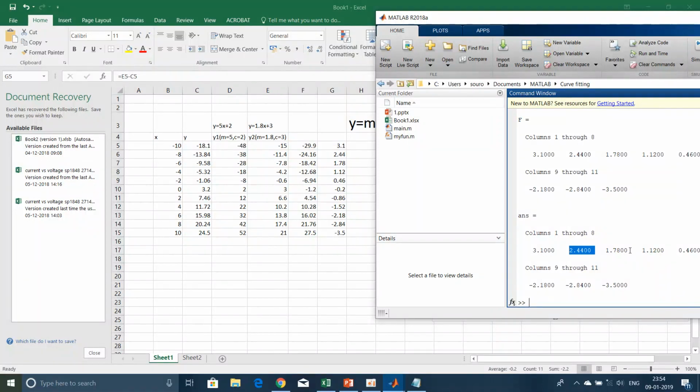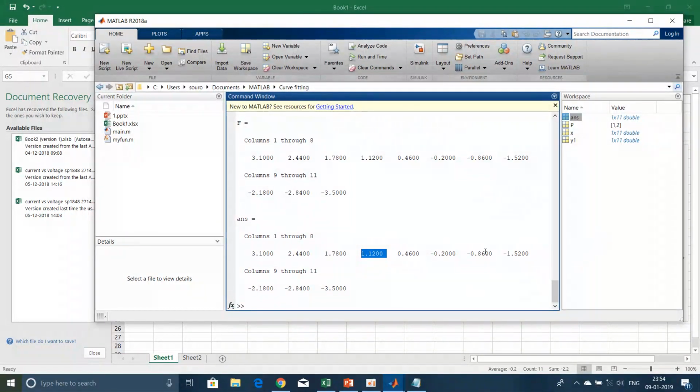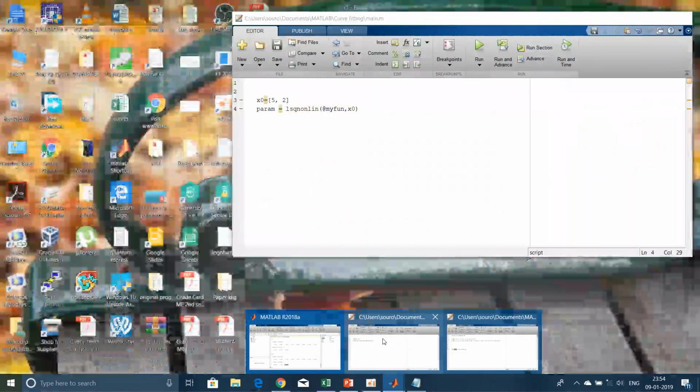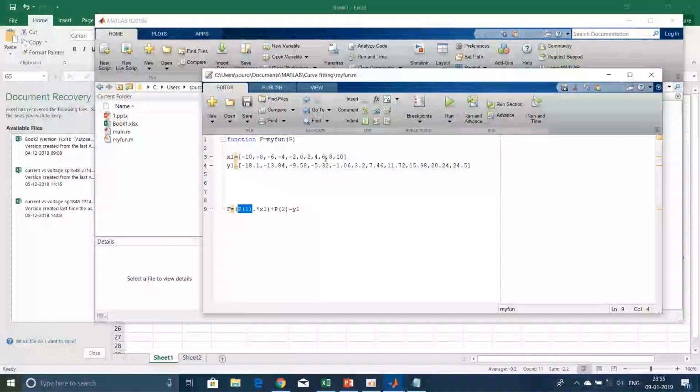So it's telling you the correct answer. So we somehow need to instruct MATLAB to use this difference and calculate the subsequent values of m and c, which would correctly predict the experimental data. I hope the purpose of the myFun function is clear now.